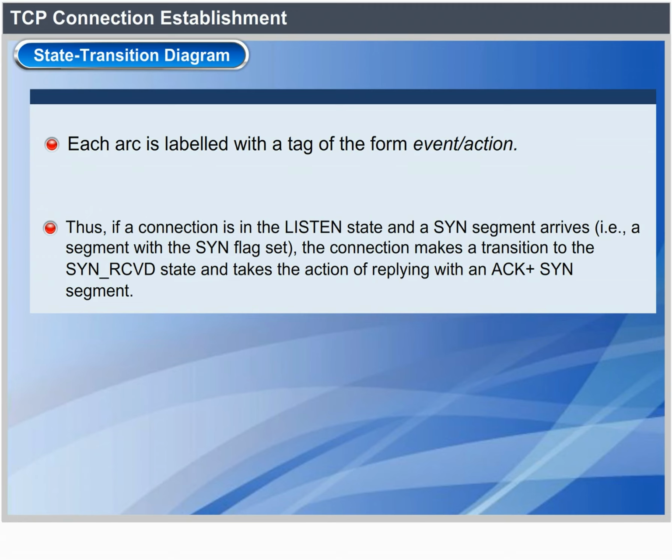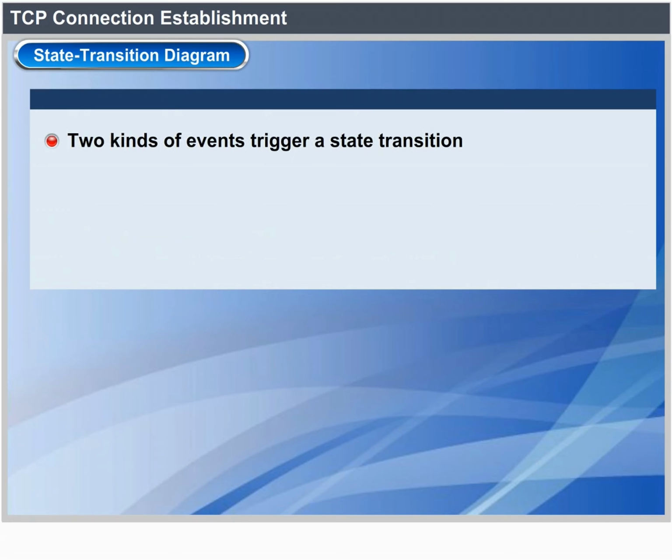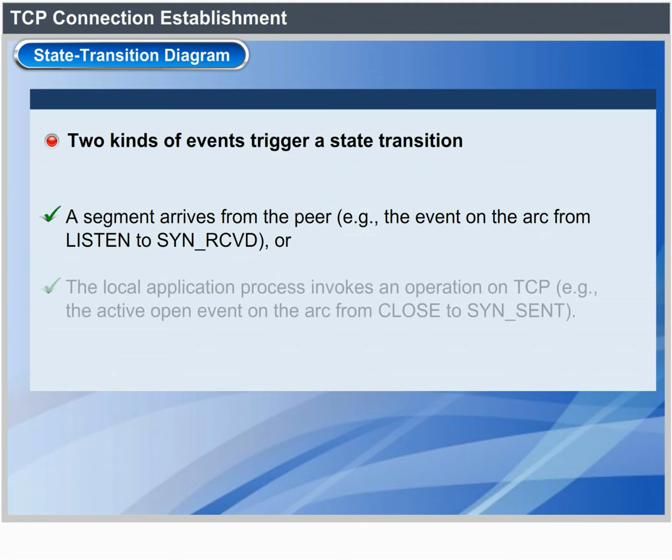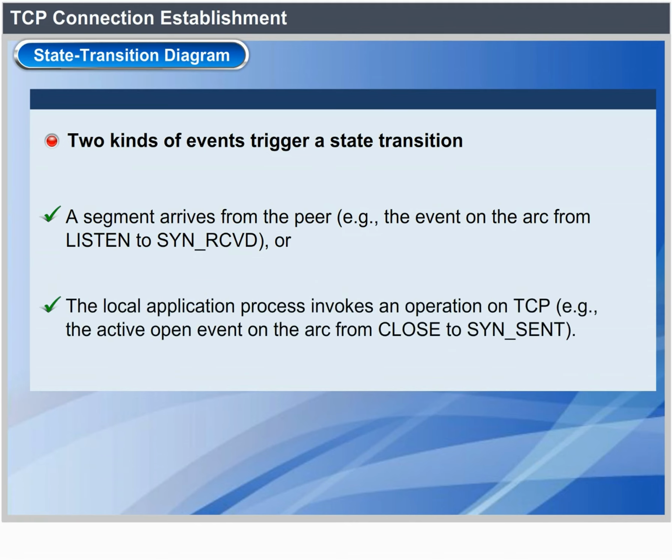Two kinds of events trigger a state transition. A segment arrives from the peer, for example, the event on the arc from listen to SYN_RCVD, or the local application process invokes an operation on TCP, for example, the active open event on the arc from closed to SYN_SENT.